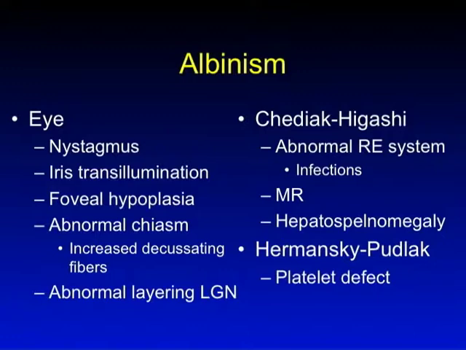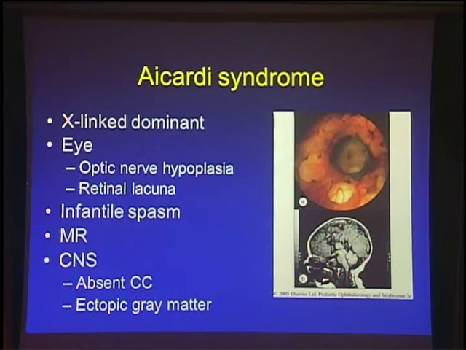Aicardi syndrome is characterized by these findings that you see here. The optic nerve, if you remember the picture that we just saw a few minutes ago, is like a morning glory type of anomaly, and that's characteristic of Aicardi. But what is really characteristic of this patient are all these lesions all over the retina.